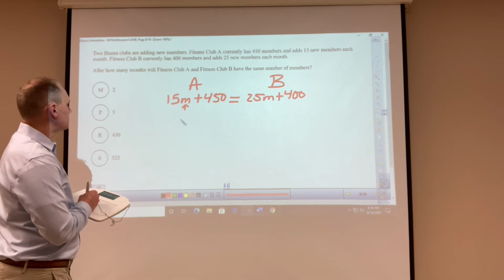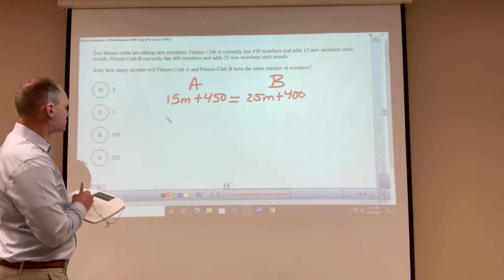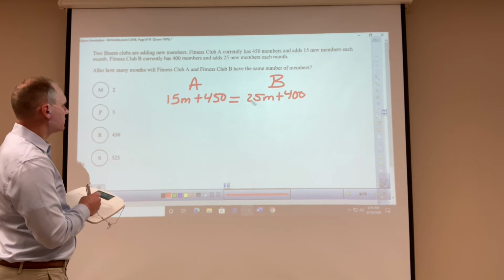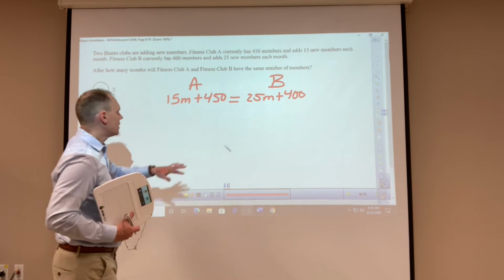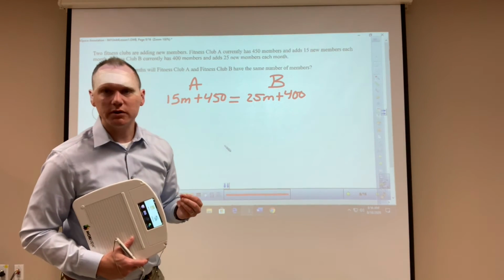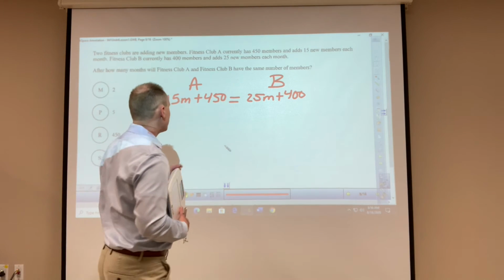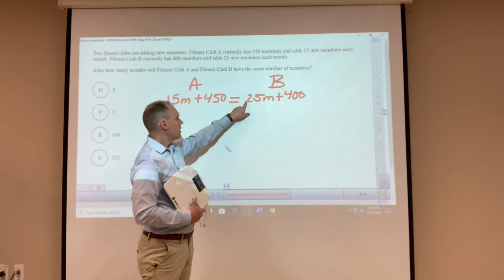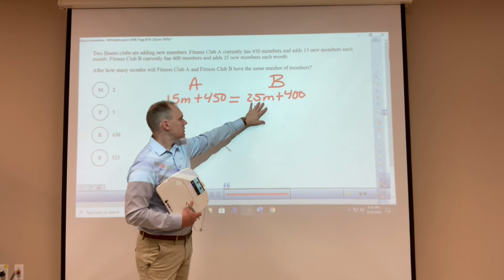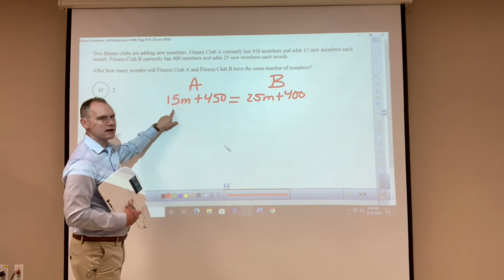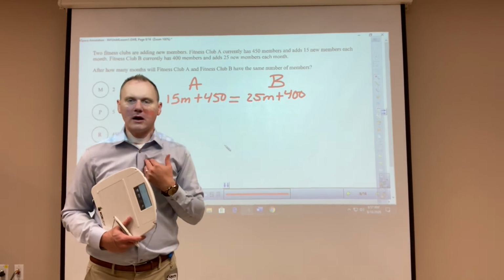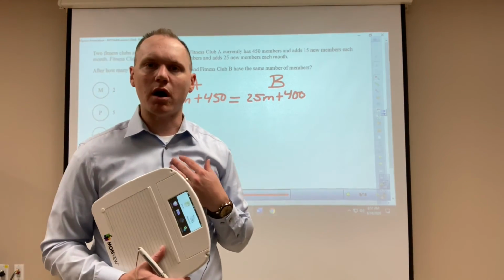Let's see. If we isolate, I'll give you a little tip here to make it easier to keep your values positive: isolate the variable with the greater coefficient. If we subtracted 25m on both sides, we'd get a -10 over here, which is fine, you can do that. But what I prefer is to keep my variable positive.